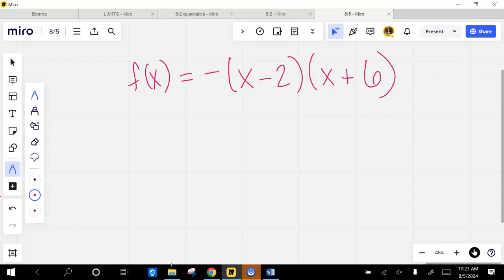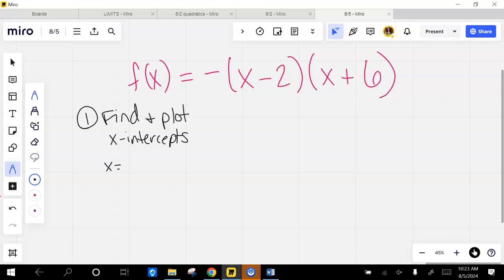+2, -6. Those are going to be my x-intercepts. Let me give you some steps here for these. The first thing I'm going to do is find and plot, this time not my vertex because I don't know my vertex. This time I'm going to find and plot my x-intercepts. In this case, you're exactly right. It's +2 and -6.